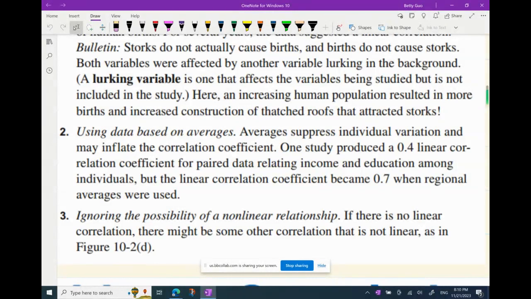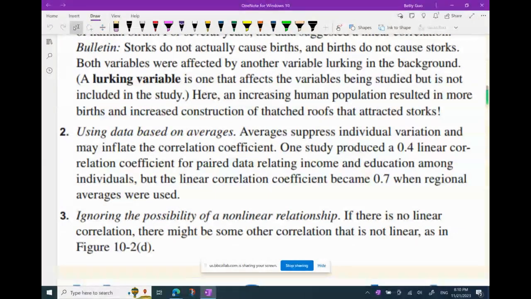If you use the averages, the linear correlation coefficient would be bigger, closer to 1, stronger. Because when you use the average, you smooth the values, make them closer to each other, and you reduce the variation. Is that understandable, guys, for this common mistake?